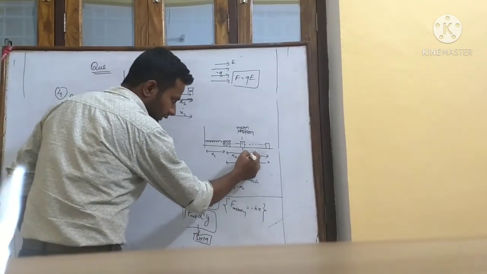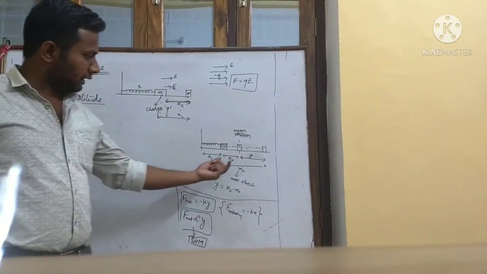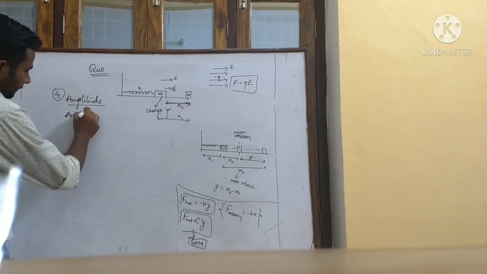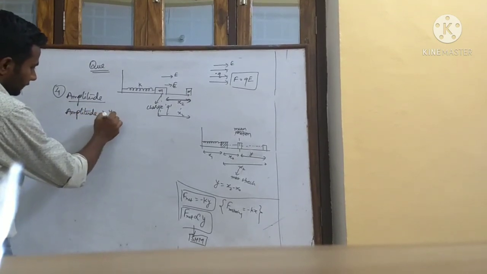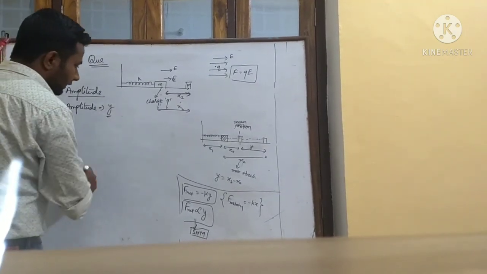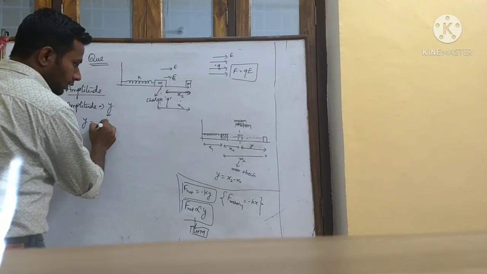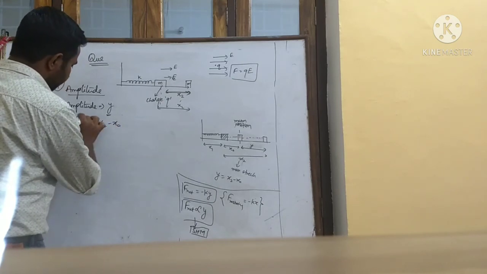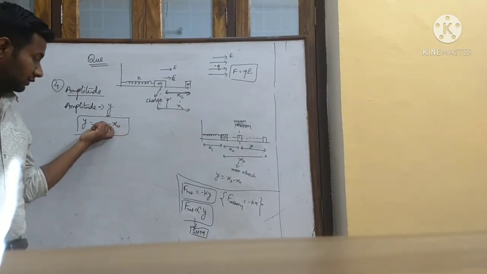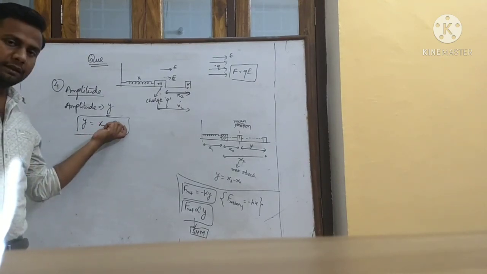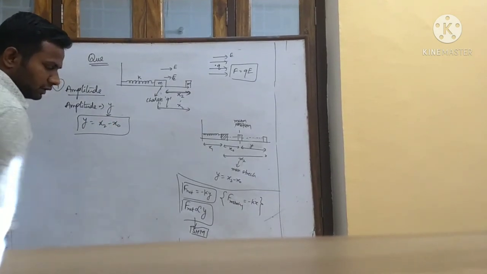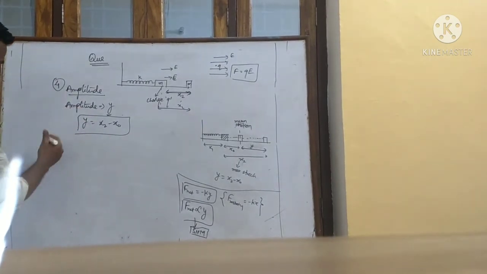So you can see directly from this diagram, this y is your amplitude. You can get this value as y is equal to x2 minus x0. We have already calculated x2 in the first part and x0 in the second part. Okay, this will be the amplitude of this simple harmonic motion.